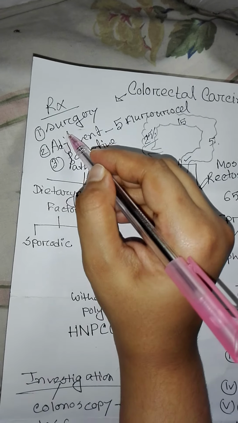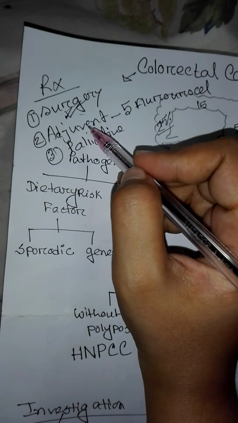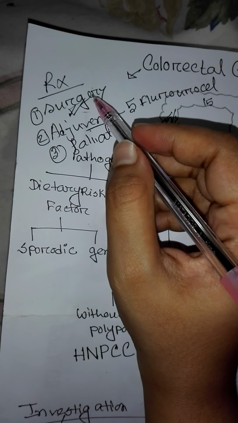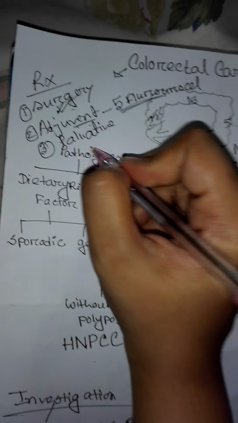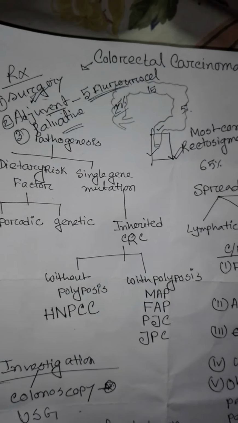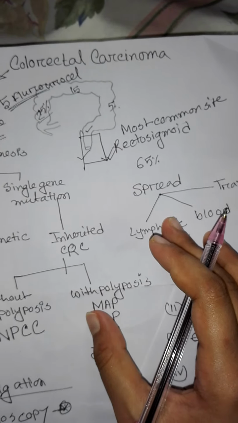If you do surgery, then you should first do chemotherapy. If you go with adjuvant therapy, then surgery and chemotherapy, 5-fluorouracil, and then you can go palliative.